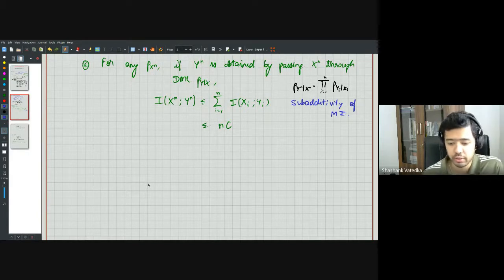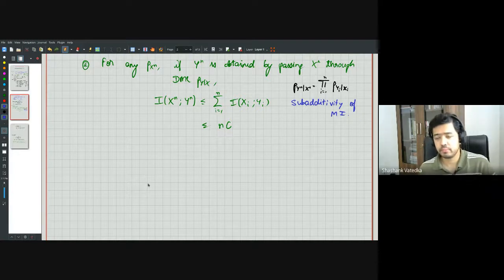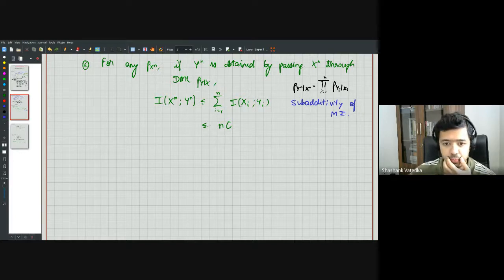Any questions so far? If not, maybe this is a good point to stop, since we won't be able to complete any of these statements today.